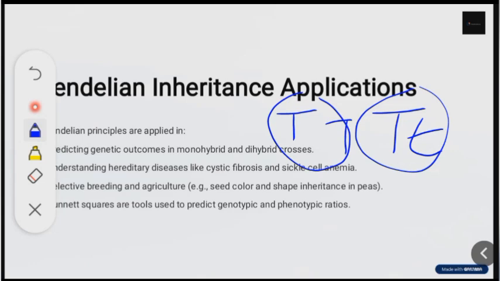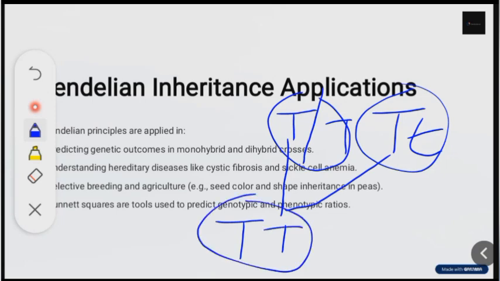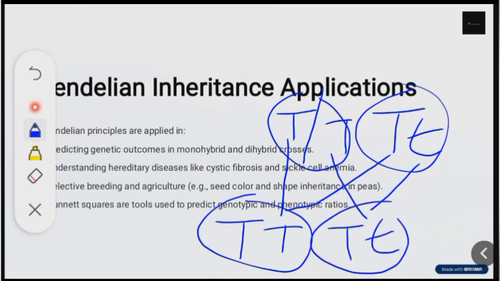If this gamete is segregated and meets this gamete, you have an individual that is dominant for the trait tallness. If capital T should meet small t, you have an individual that will express the gene for tallness, though he has a recessive gene for being short.